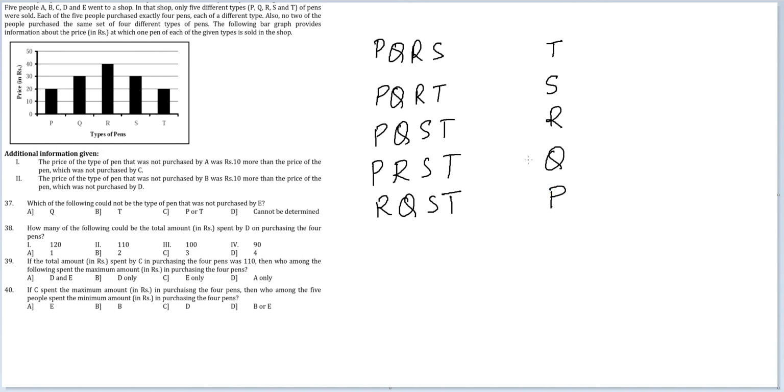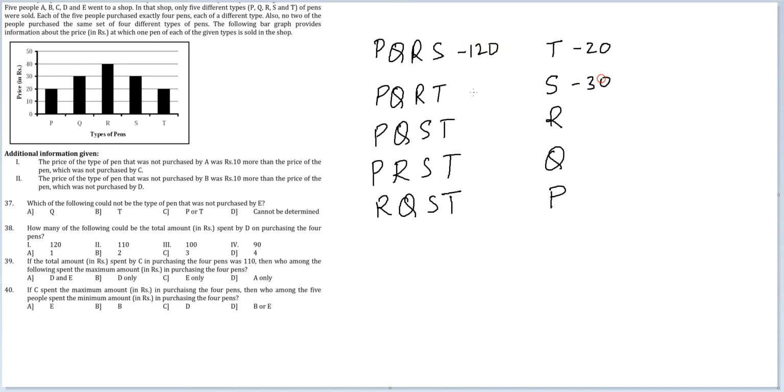The following paragraph provides the information about the price in rupees at which one pen each of the given types is sold in the shop. So let me find out the total cost. 20 plus 30 plus 40, 90, 90 plus 50, 140. If T is not bought, T is 20, so price here would be 120.